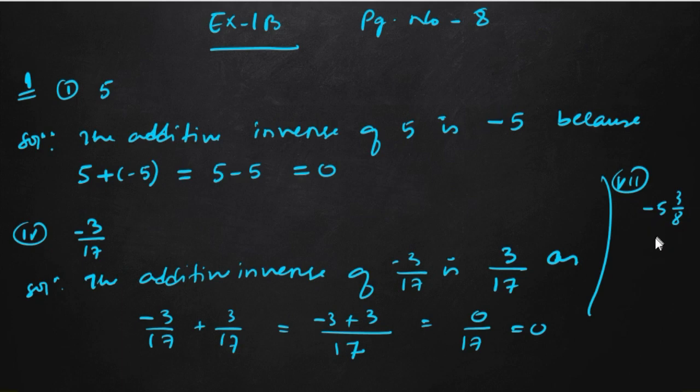Okay, so if you convert this into a fraction, the minus stays on its side. How do we do this? 5 8s are 40 plus 3, so this will be minus 43 by 8. Minus is common. 40 plus 3 is 43, so 43 by 8. So what will be the additive inverse of minus 43 by 8? Obviously it will be positive.